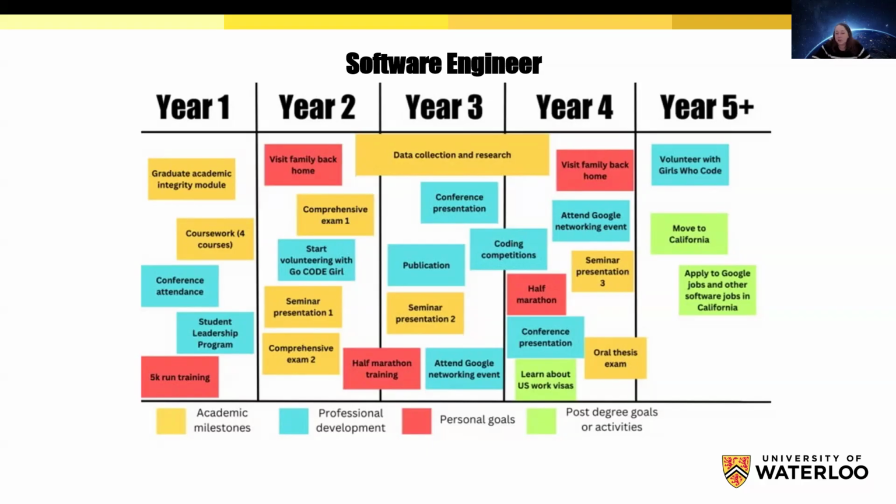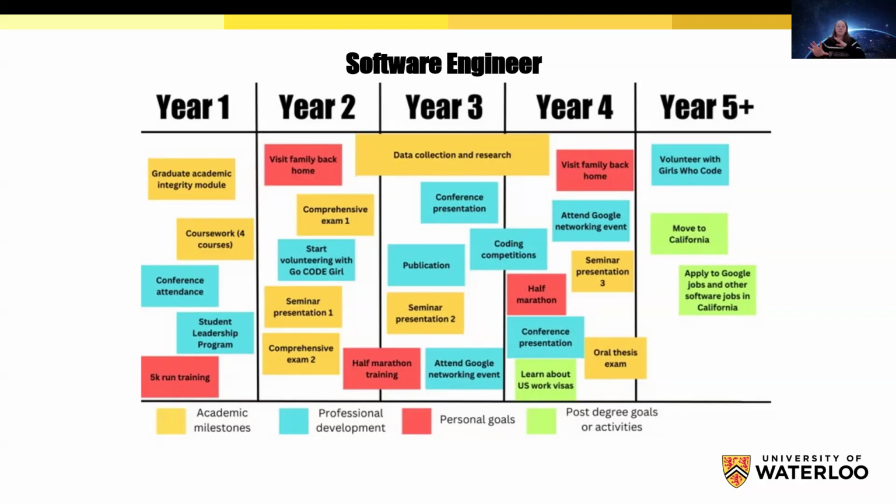In terms of professional development, which might look drastically different across your alternative futures compared to your academic milestones, in year one, maybe they're attending a conference or a student leadership program. Year two looks like maybe they're going to volunteer with an organization like Go Code Girl.